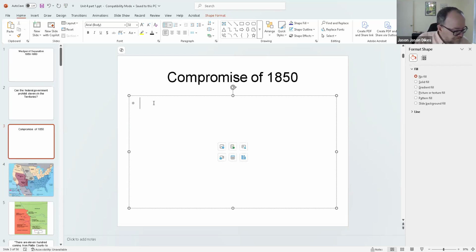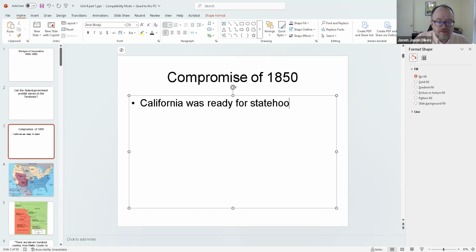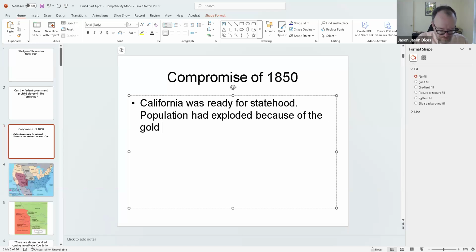One was California was ready for statehood. The population of California had exploded because of the gold rush. And California had very quickly reached, remember we talked about these benchmarks way back in Unit 2, 5,000, 60,000, and so on. And so California was definitely ready for statehood.